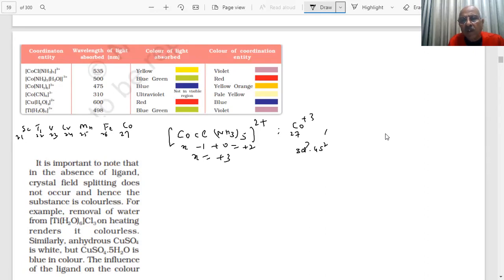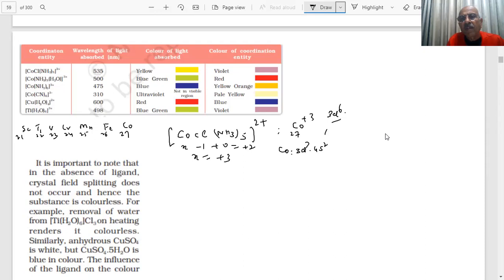But 3+ means what? This is cobalt 3+, it will be 3d6. Now, these are the ligands. They will cause splitting. They will split these, students. 3d6, there is a splitting which will take place.